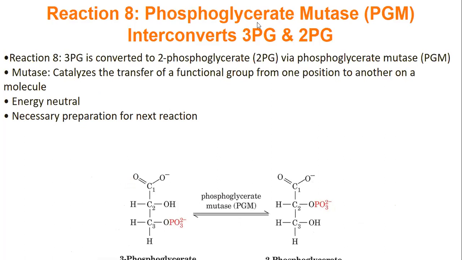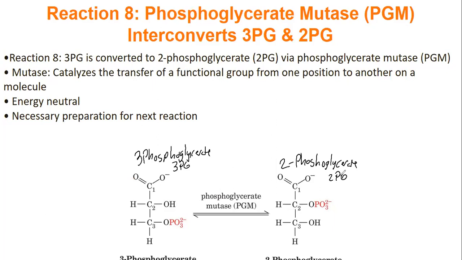Reaction 8, and it's a little cut off, so I'll redo the words. So 3-phosphoglycerate, 3PG. This is 2-phosphoglycerate, 2PG. So reaction 8 is called a mutase. A mutase is similar to an isomerase.